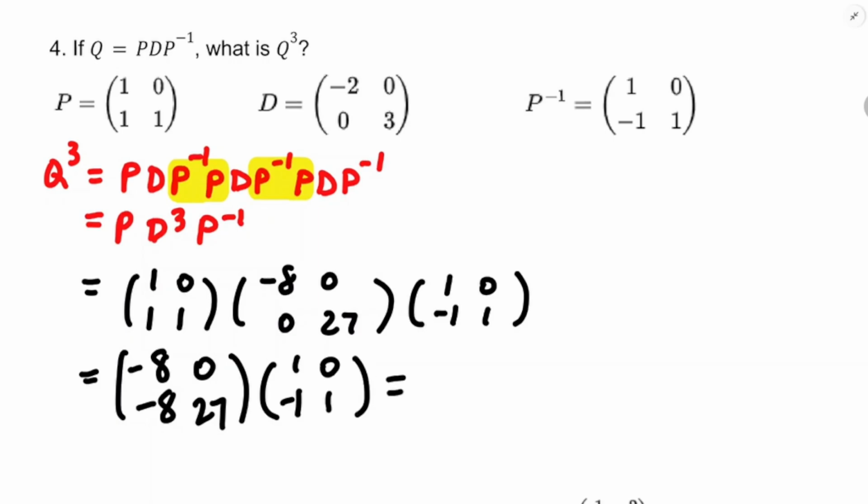If I take the matrix and multiply it by the vector 1, negative 1, I'm going to subtract the first column minus the second column. So negative 8, and negative 8 minus 27 more is negative 35. And then for 0, 1, that's none of the first column plus 1 of the second column, which just copies the second column. There we go. That's going to be Q cubed.